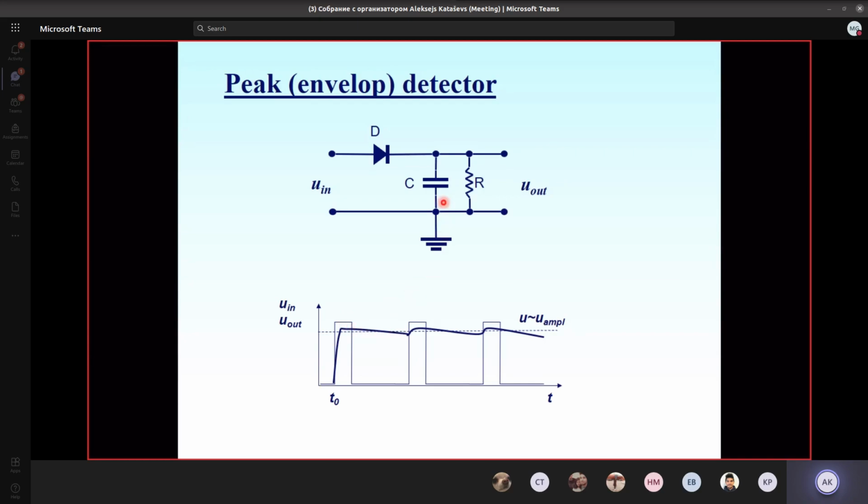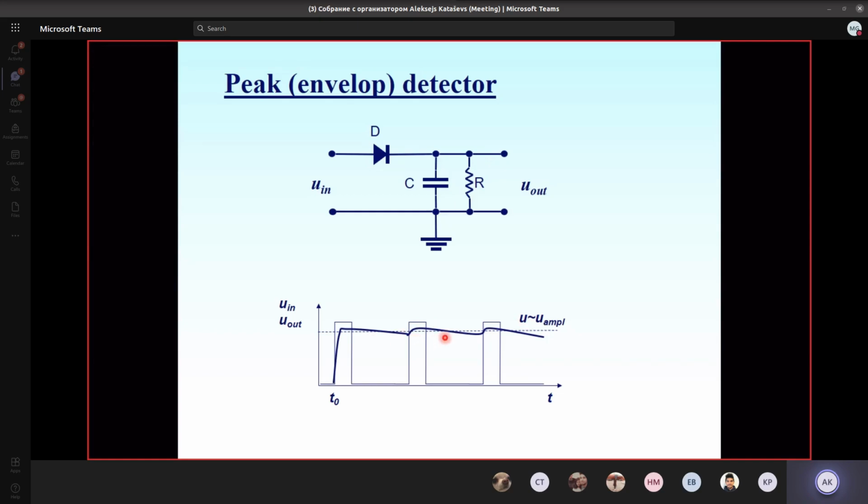If we adjust the values of the capacitor and the resistor, we may get a situation where the next pulse comes before the capacitor has discharged, and the next positive pulse recharges the capacitor up to the top value. In this case, we have nearly constant DC voltage with some pulsation.